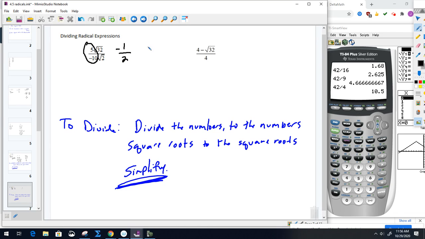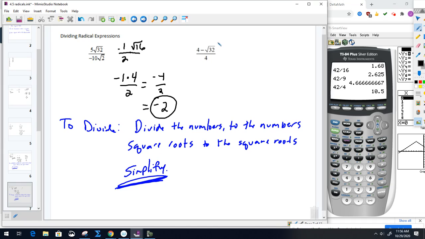And then now I can divide 32 over 2, which gives me a square root of 16. Now I want to simplify the radical, and this happens to be a perfect square, so it would be negative 1 times 4 over 2, which is negative 4 over 2, which just simplifies to a negative 2.